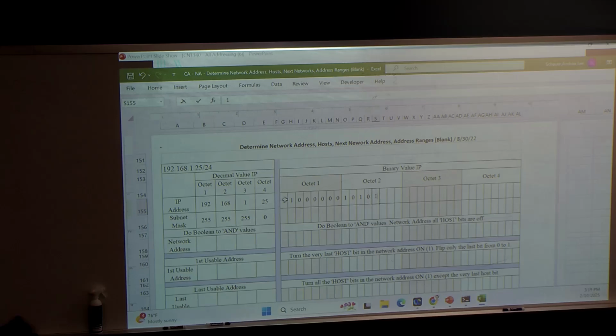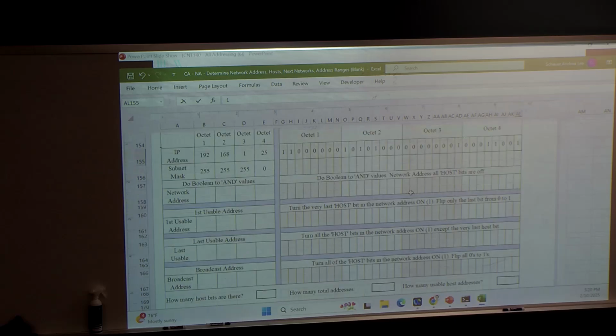So at this point, you should already be able to bit these out. So if I have a /24, how many ones are turned on? 24.